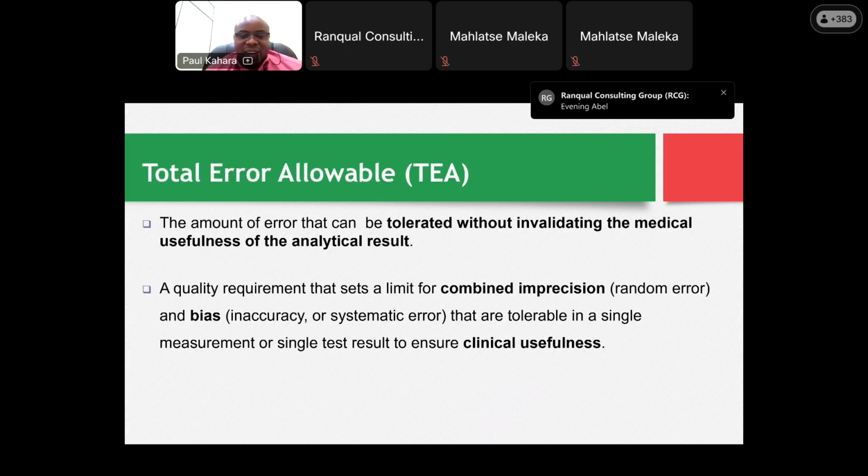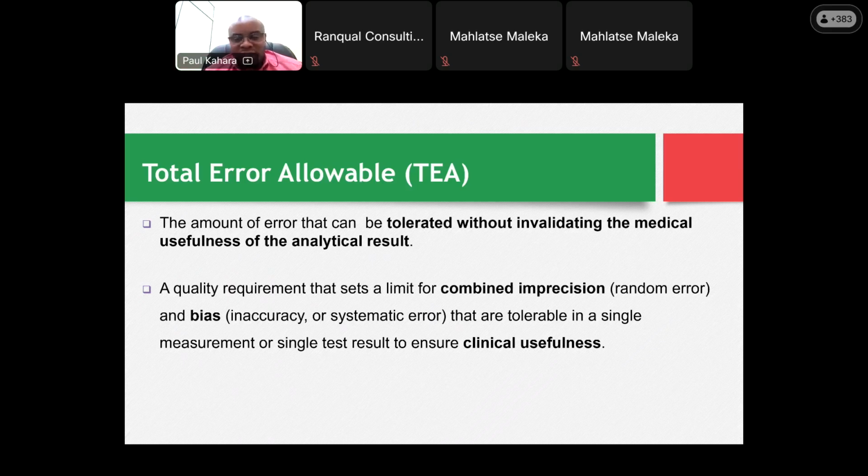And it's good to realize that these total allowable errors are not values that we are coming up with. These are studies that have already been done across the world by different organizations, and they have established, because of biological variations between one test and another, and because of differences between the analytical methods, there's a likelihood that even if you were to do a test now and repeat it the next moment, you may not get the same result.